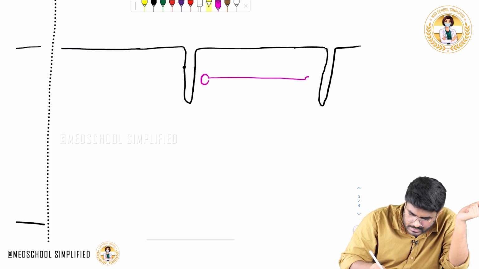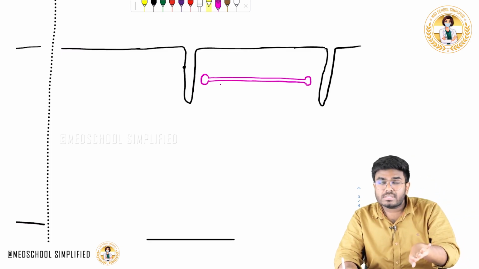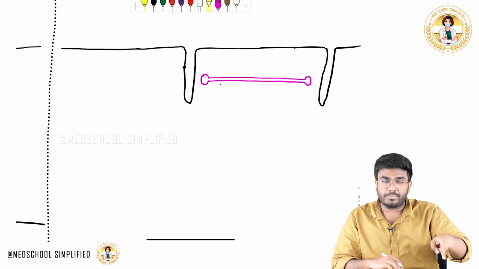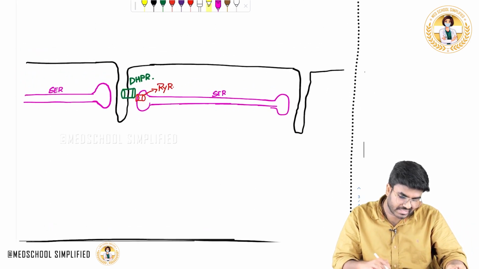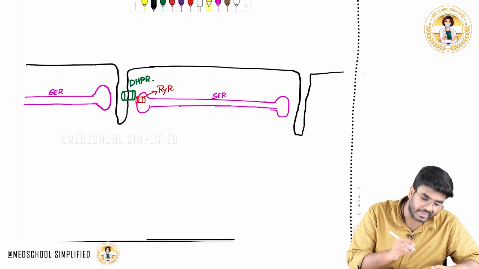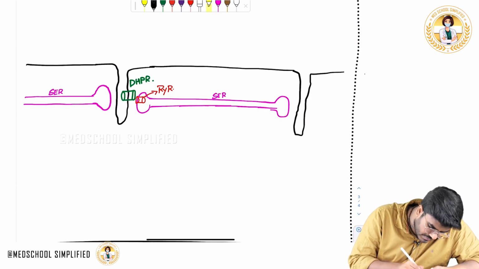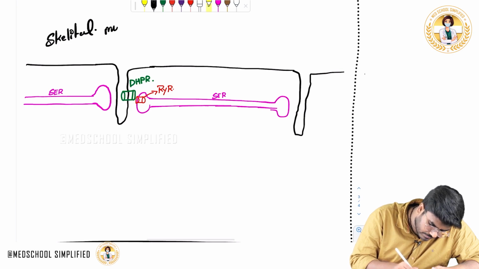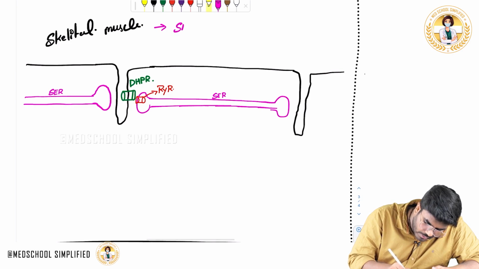This is the sarcoendoplasmic reticulum. Why am I drawing it small? Because the sarcoendoplasmic reticulum present in skeletal muscles is bigger. This is also a question. In skeletal muscles, the sarcoendoplasmic reticulum is bigger in size.